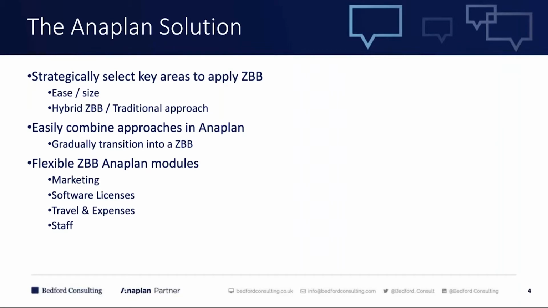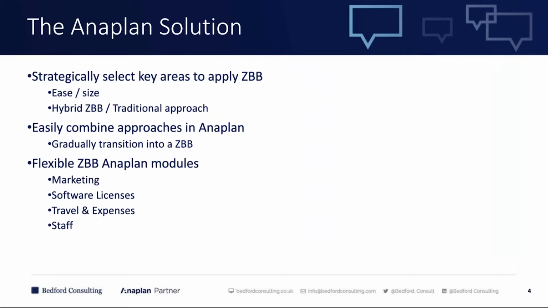So whether your budgeting process is currently in Anaplan or not, you would be able to take the basis of that traditional budget and simply apply the zero-based budgeting concept of justification of each cost at its very lowest level. For the purpose of this demo, we're going to be focusing on marketing costs, software licenses, travel and expenses, and staff costs.